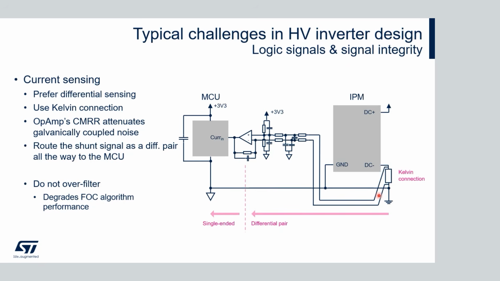And it's good to route the differential signal as close to the MCU as possible, because this way you avoid as much of the common mode coupling as possible.